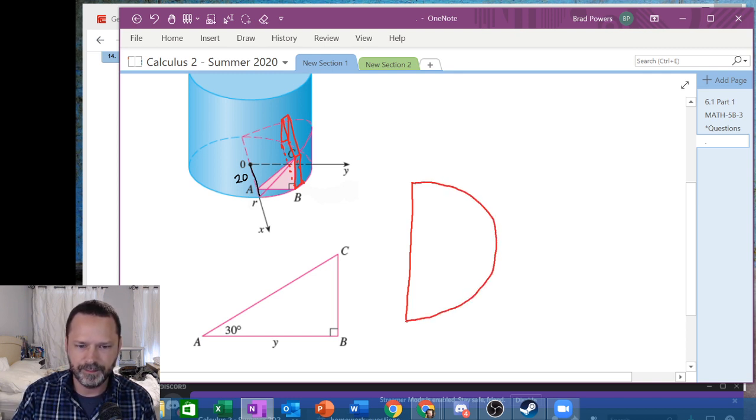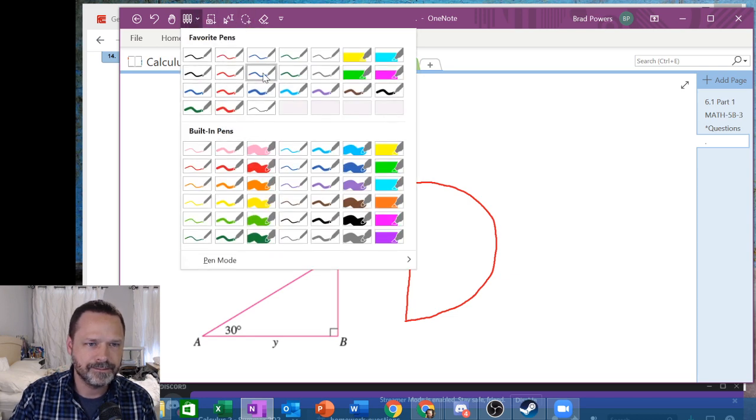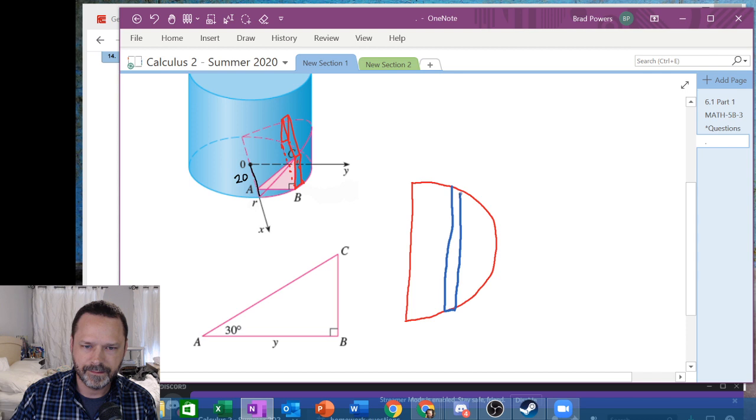So kind of looking at above the wedge. And we know our rectangles are going right here. Here would be the base of one of our rectangles. That rectangle there, the bottom, is right here.